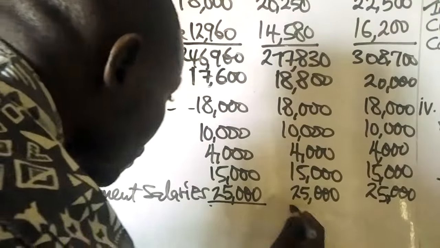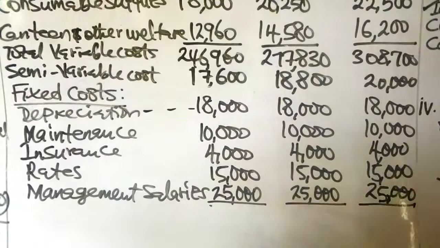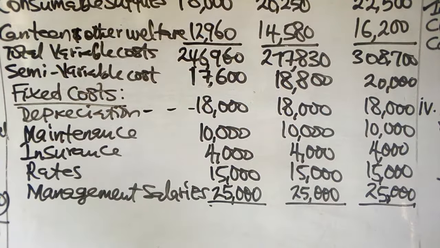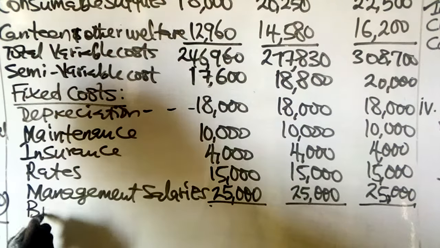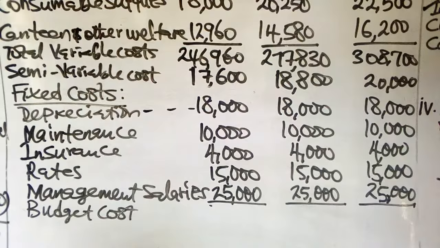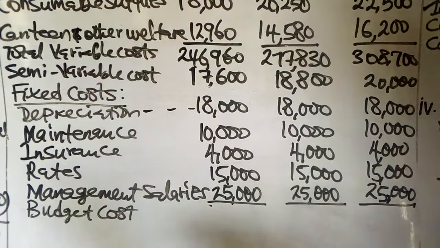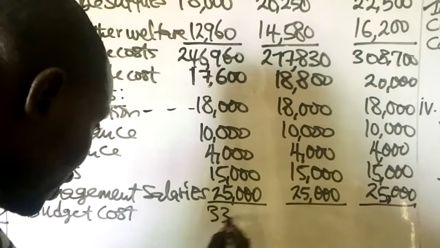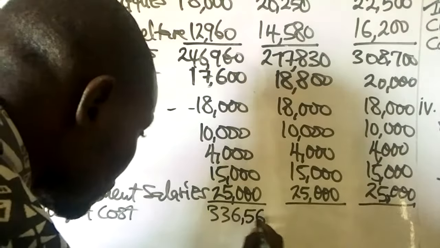Then we have budget cost. So we have 336,560.